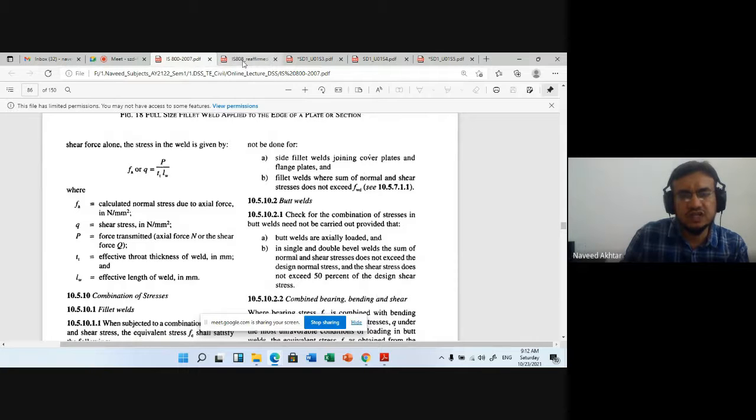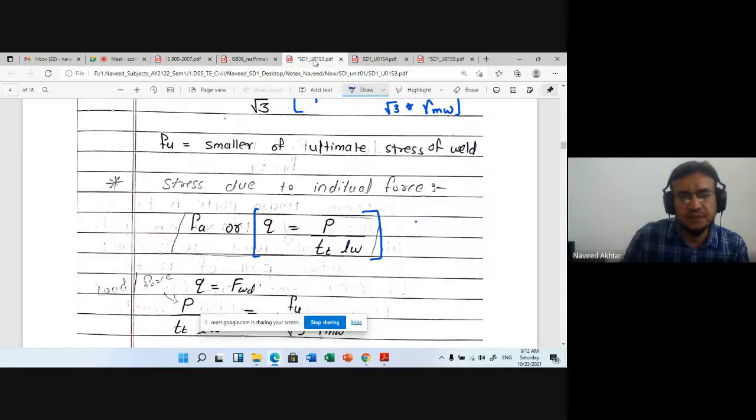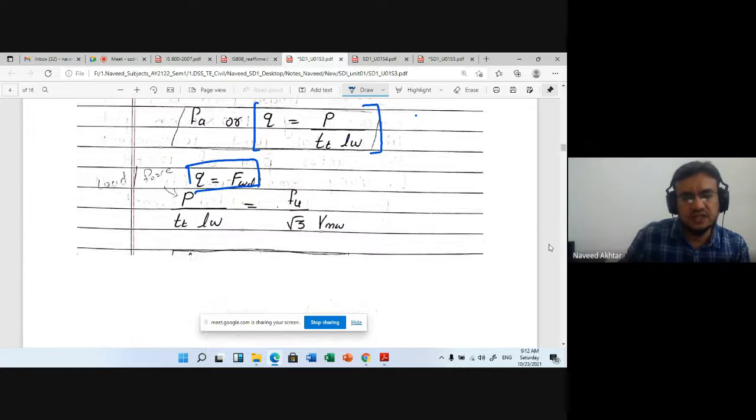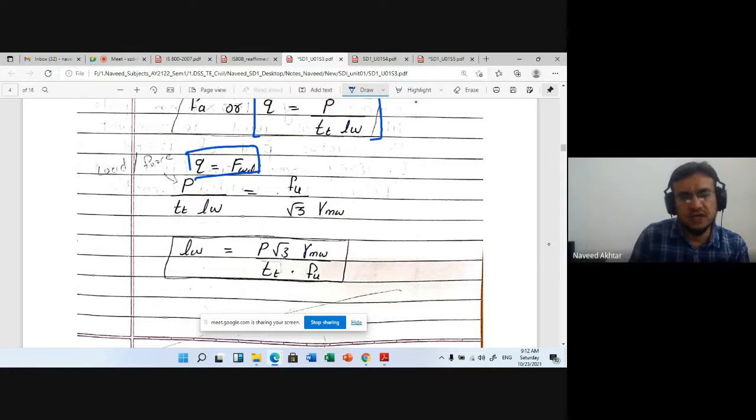When we equate these two formulas, q is equal to FWD. So equating this, P upon TT into LW is equal to FU upon root 3 into gamma MW.